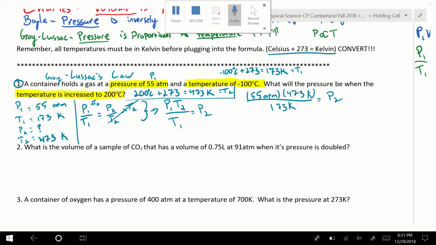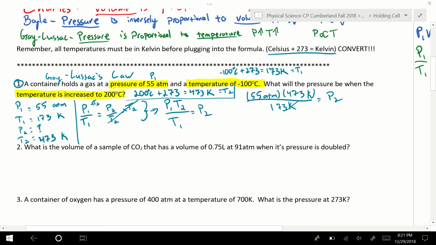Now, you didn't notice, I just took a moment to do this math really quick on a calculator. You're welcome to do that. Kelvins are going to cancel out, and you're going to wind up with 150.38 atmospheres, P2.